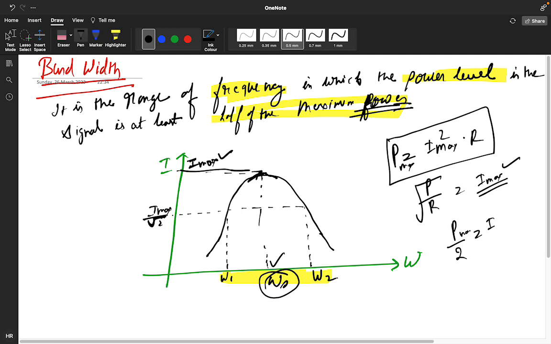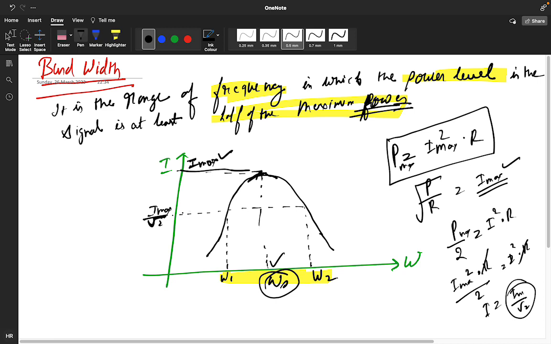This is my P max, and this is my I square into R. So at what current will I get half of P max? Substitute the P max formula: I max square into R by 2 is equal to I square into R. This will get cancelled out, so I will get I max by root 2.